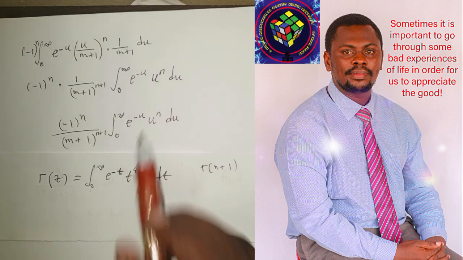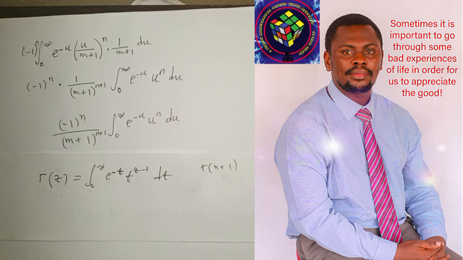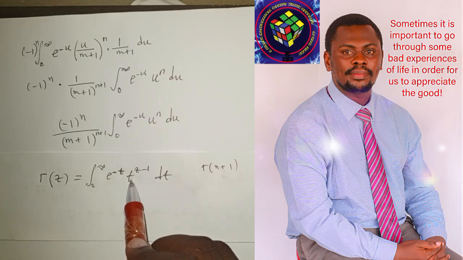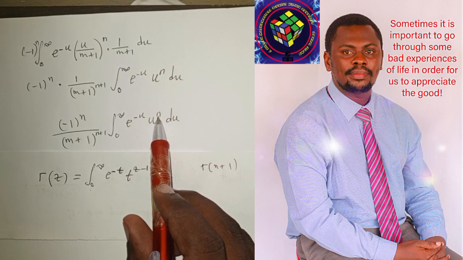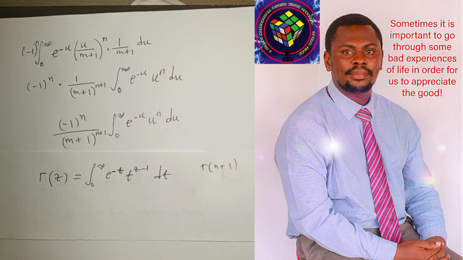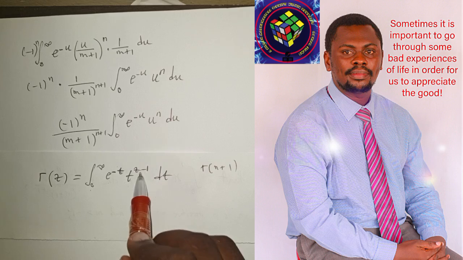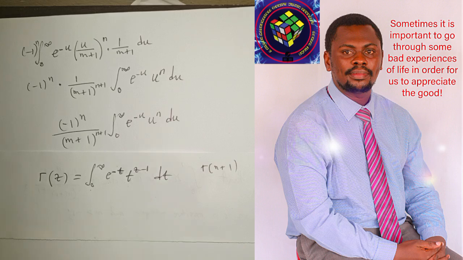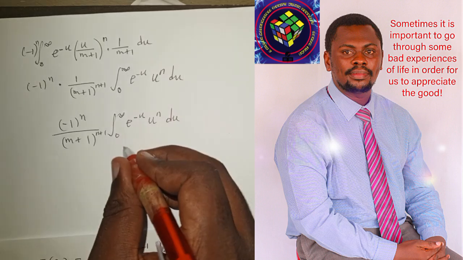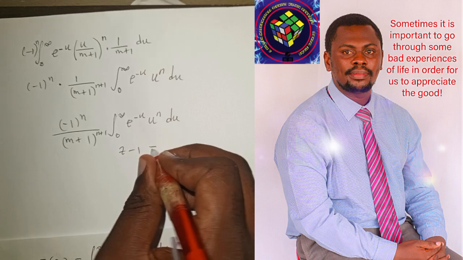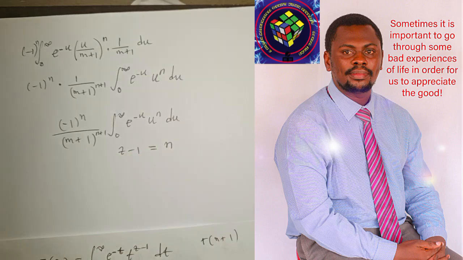Now this one is just in terms of u, so we'll think of the u as a t. Here we have the power of n, so you just equate this n to z minus 1, since here there is z minus 1. So we say z minus 1 is equal to n.